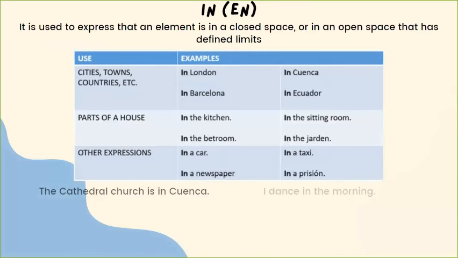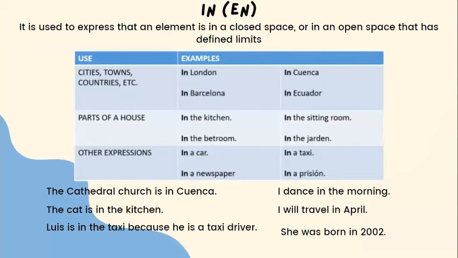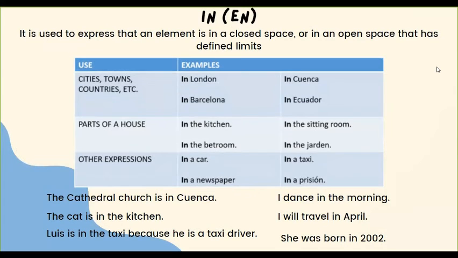The preposition in signifies en. It is used to express that an element is in a closed space or in a space that has definite limits. Use: cities, towns, countries, examples: in London, in Cuenca, in Ecuador. Parts of a house: in a kitchen, in a garden, in a bedroom.